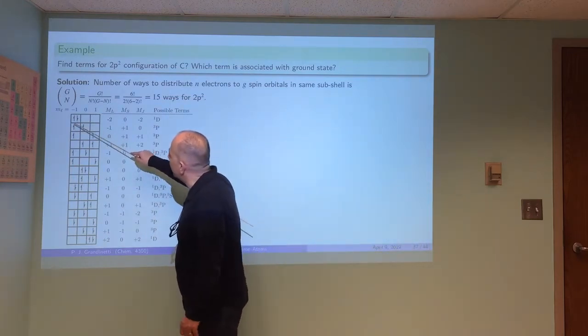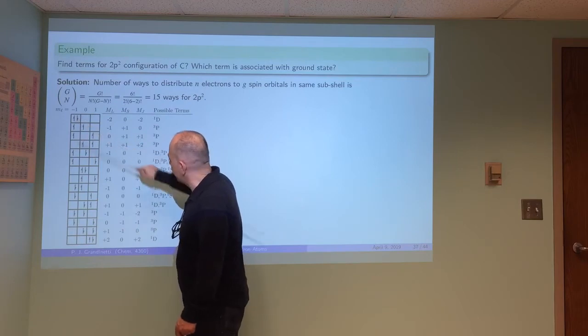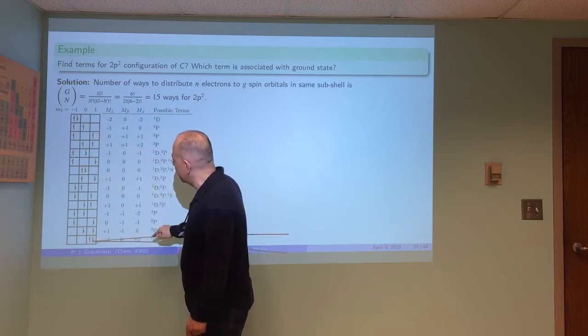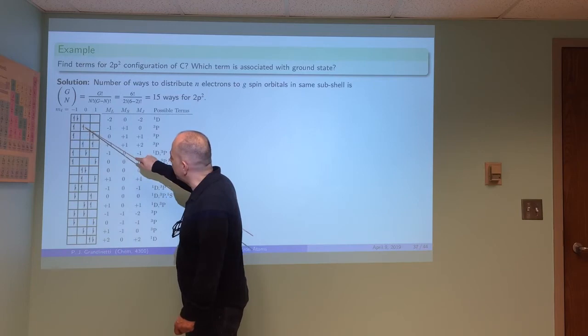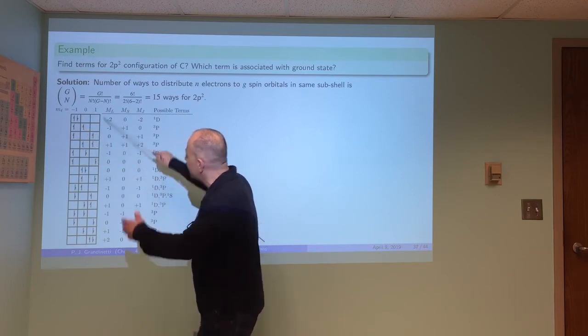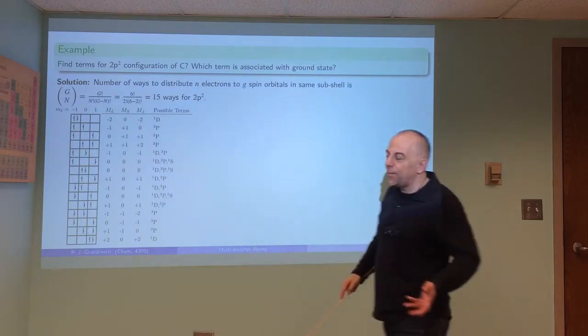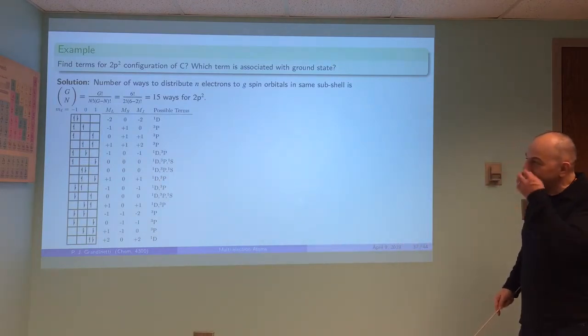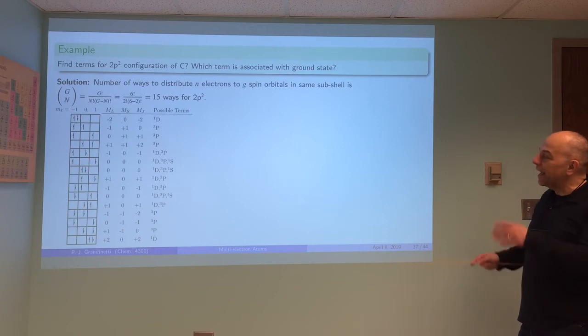But you would see, for example, that you could put 2 in this orbital, 2 in the middle orbital, 2 in the last orbital, and then you put 1 here, 1 there, 1 there, and there, and then you can start varying up and down. So you just try to exhaust all the possibilities in some systematic way until you've written them all down, and then you've written down all the possible configurations here.